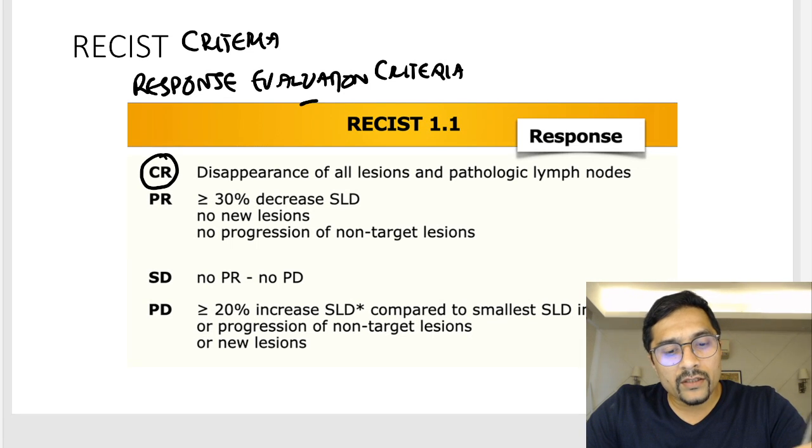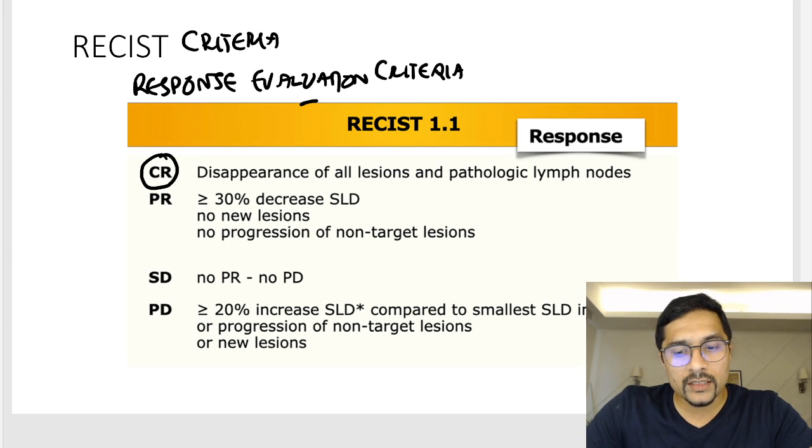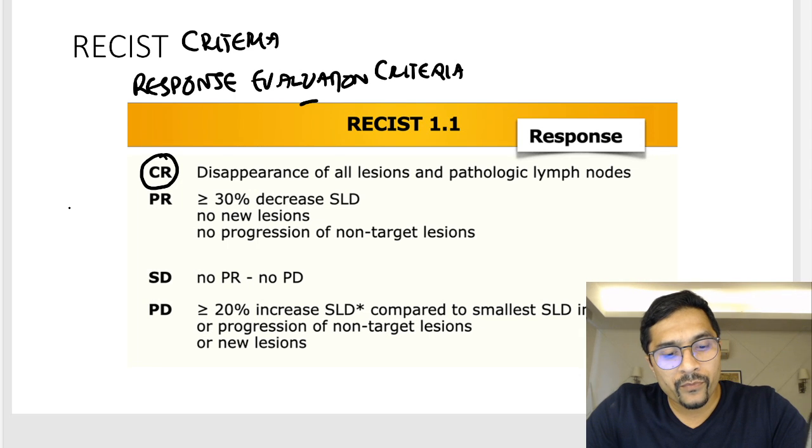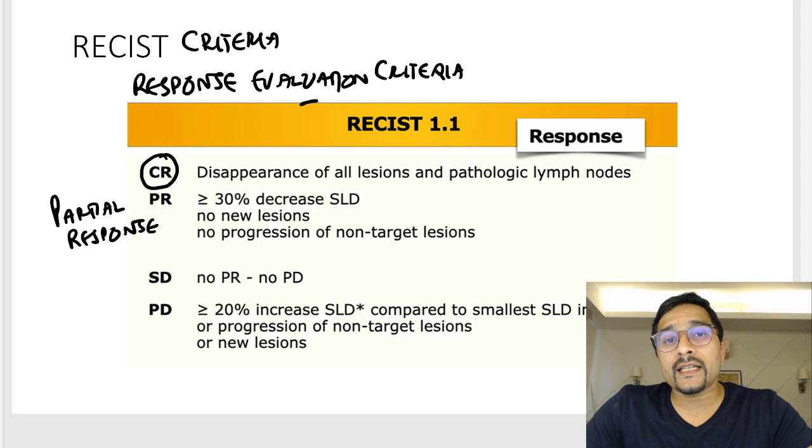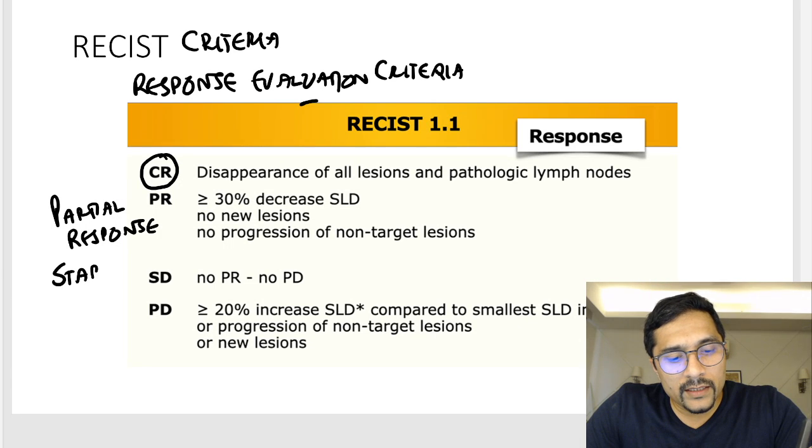So complete response is disappearance of all lesions and pathological lymph nodes. Partial response is more than 30% decrease in the diameter, no new lesions, no progression. SD is stable disease, I'll come to stable disease, and PD is progressive disease.